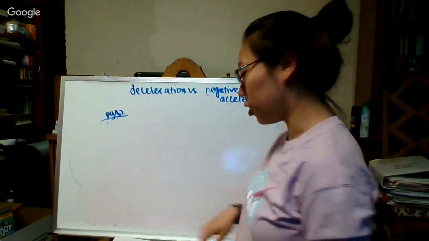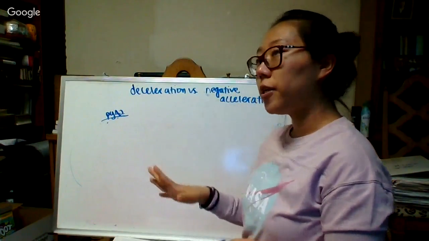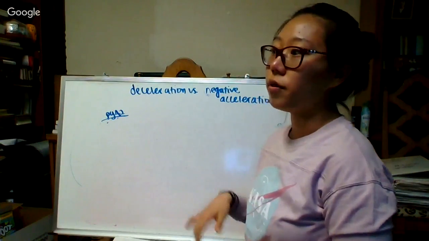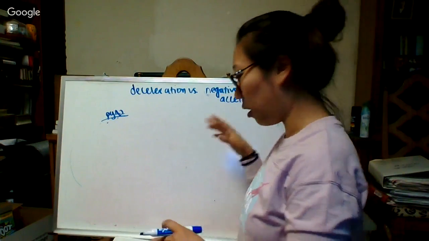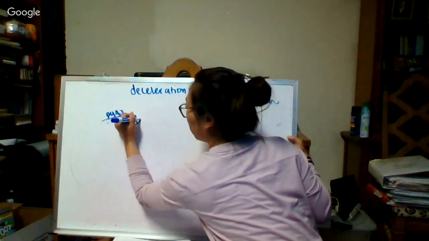But first, definitions. So deceleration basically means it is the opposite of the motion, meaning it is the opposite of the final velocity. Yeah, it's the opposite of motion.